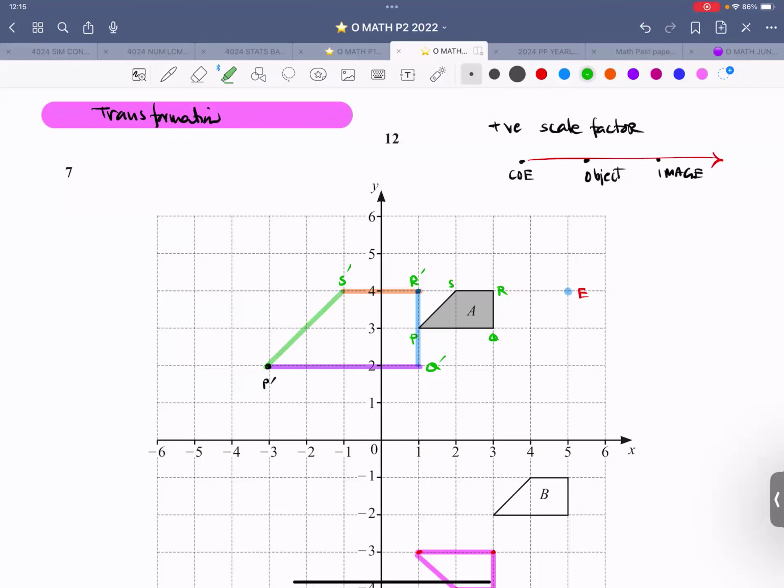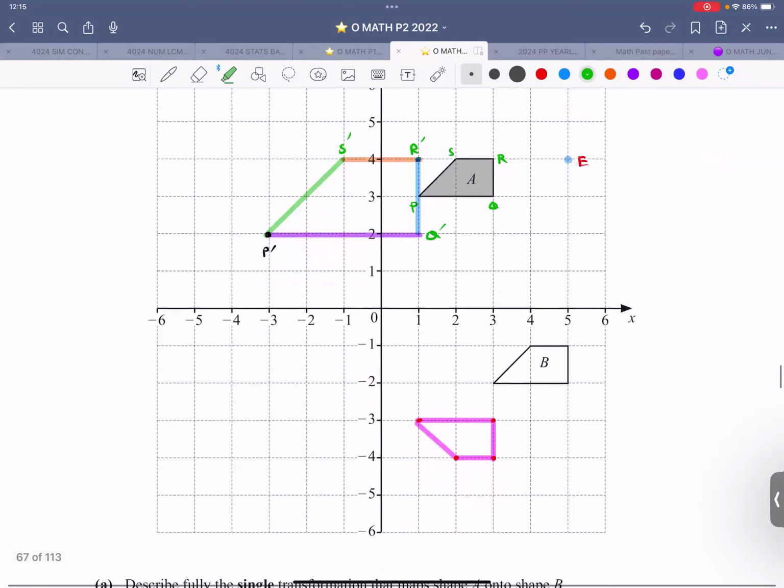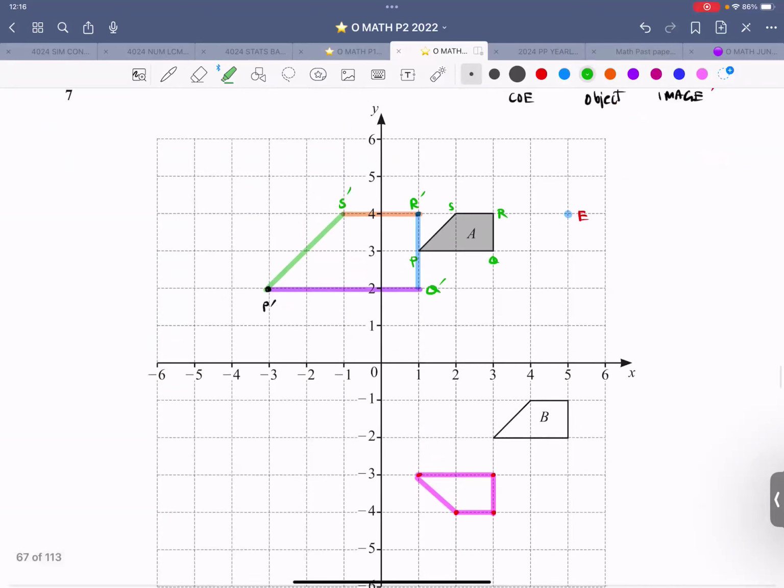So that's how the figure is drawn. And if you want to double check, those coordinates are 1, 2, then 1, 4, then -1, 4, and -3 and 2.